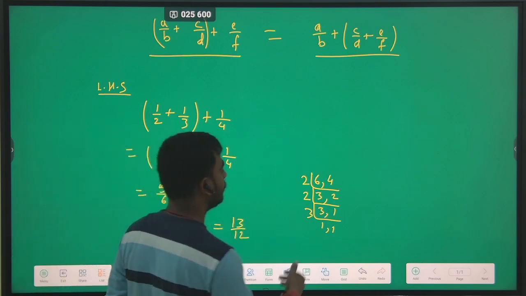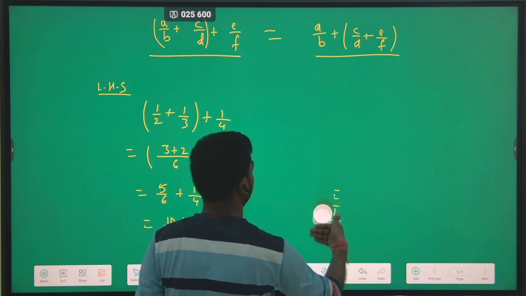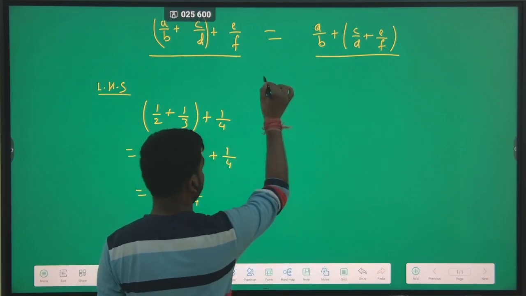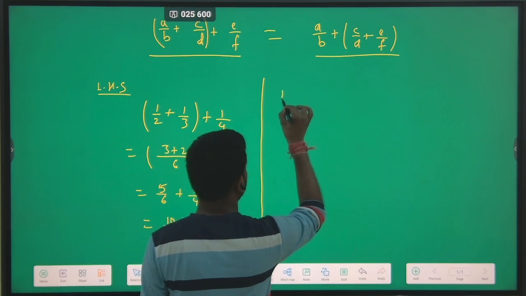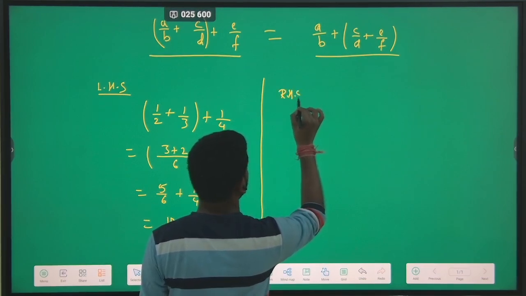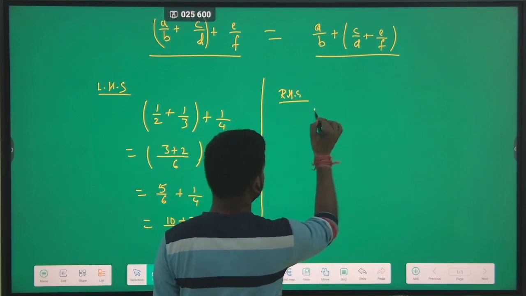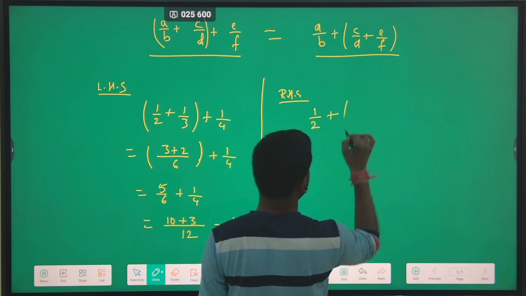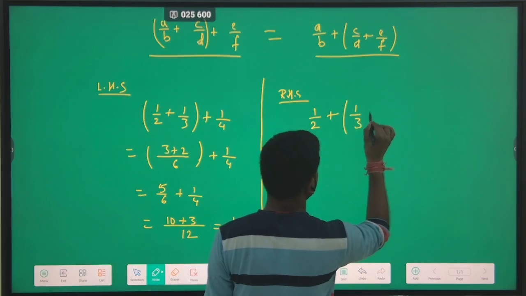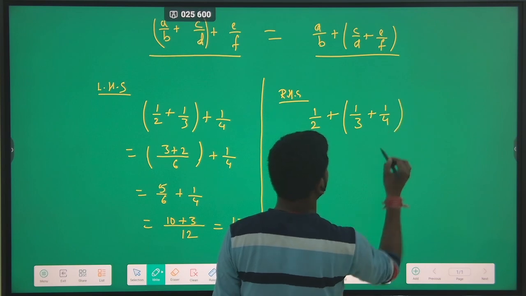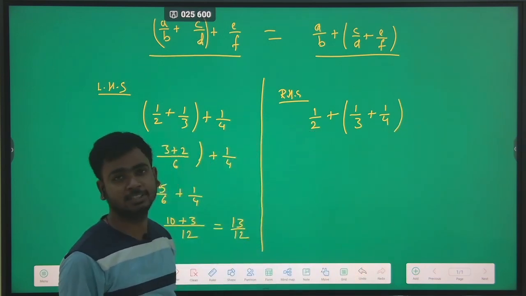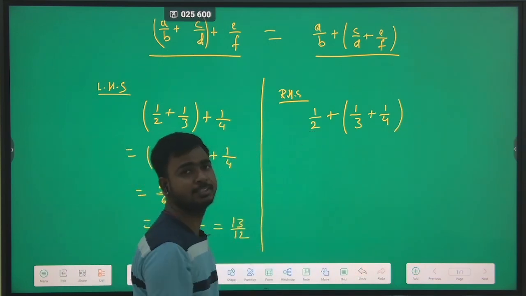Now we will move towards the RHS part. What is our RHS? Our RHS is 1 by 2 added with, under parenthesis, 1 by 3 plus 1 by 4. We have to find the value of this.